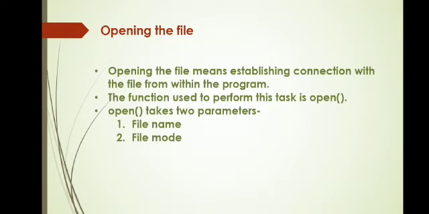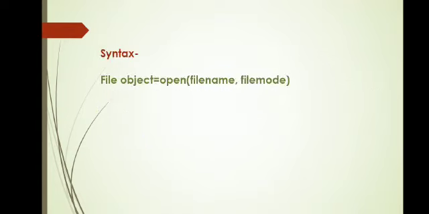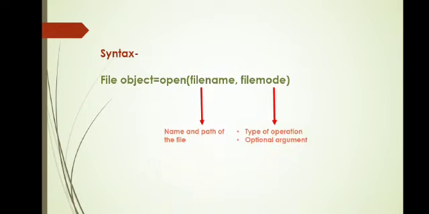When we talk about the syntax of this function, it is: file object is equal to open, and within parenthesis we write file name comma file mode. Over here the first argument is the name and location of the file which you want to open. The second argument is the mode, which specifies the type of operation that you want to perform on the file.